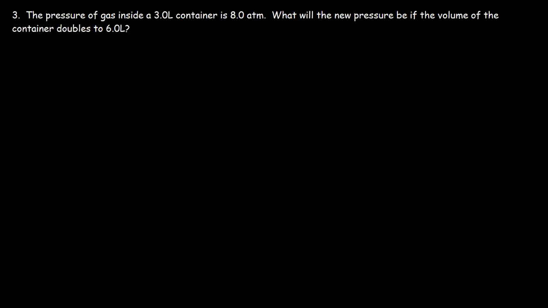Number 3, the pressure of gas inside a 3-liter container is 8 atm. What will the new pressure be if the volume of the container doubles to 6 liters? Let's draw a picture. So let's say this right here is the 3-liter container.